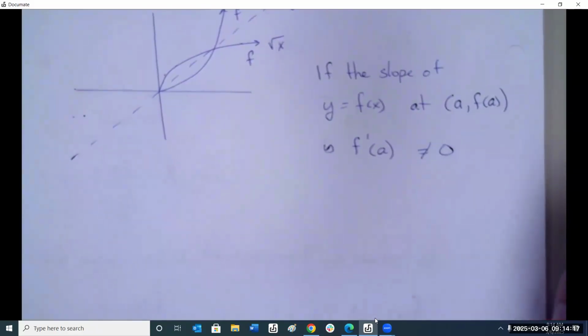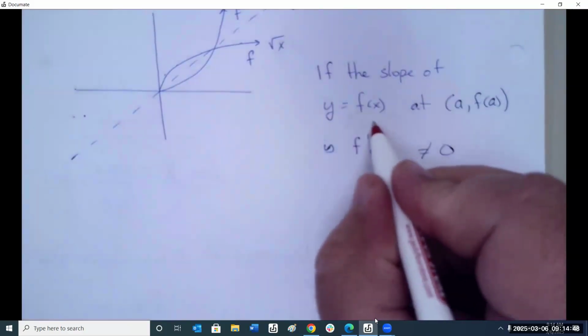Because if the slope is equal to 0, what does the line look like? It's a horizontal line. It's the slope of a constant function. The slope is always constant. It's the same slope throughout.